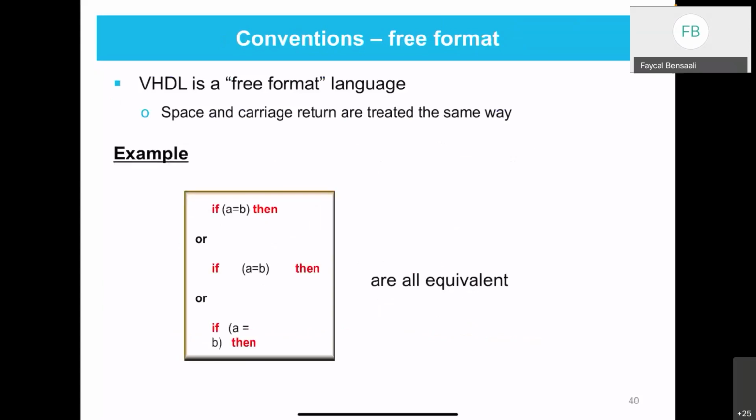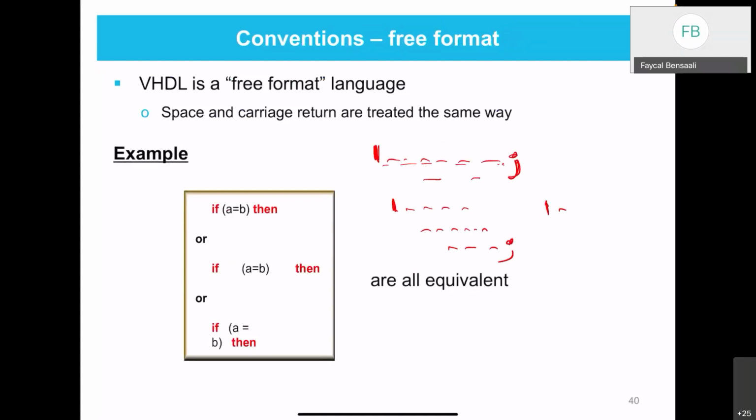VHDL is a free format language. Basically, in VHDL, we start a statement and then we end with a semicolon. Now, how to write this statement? You leave spaces, you don't leave spaces, you go to new lines. For example, I start the statement, continue in the next line, and then put the semicolon here.